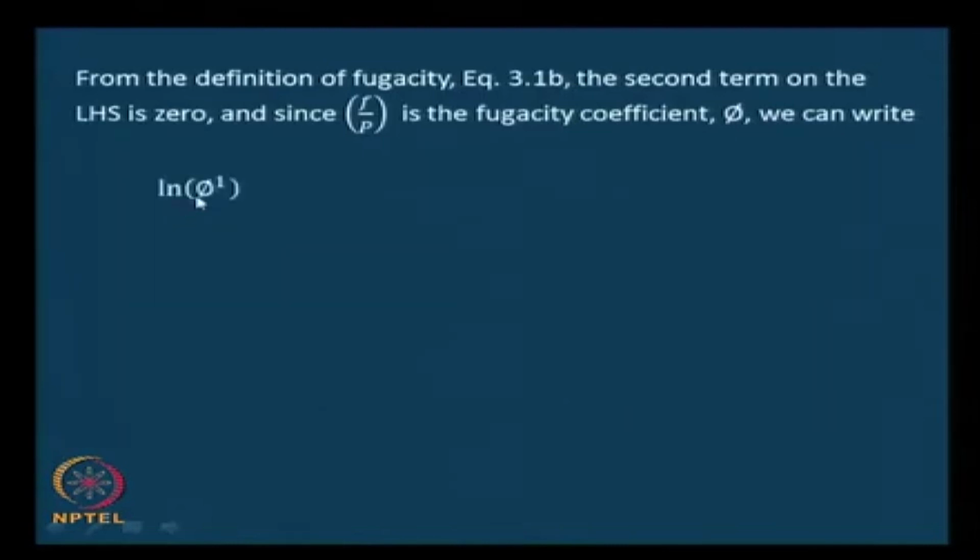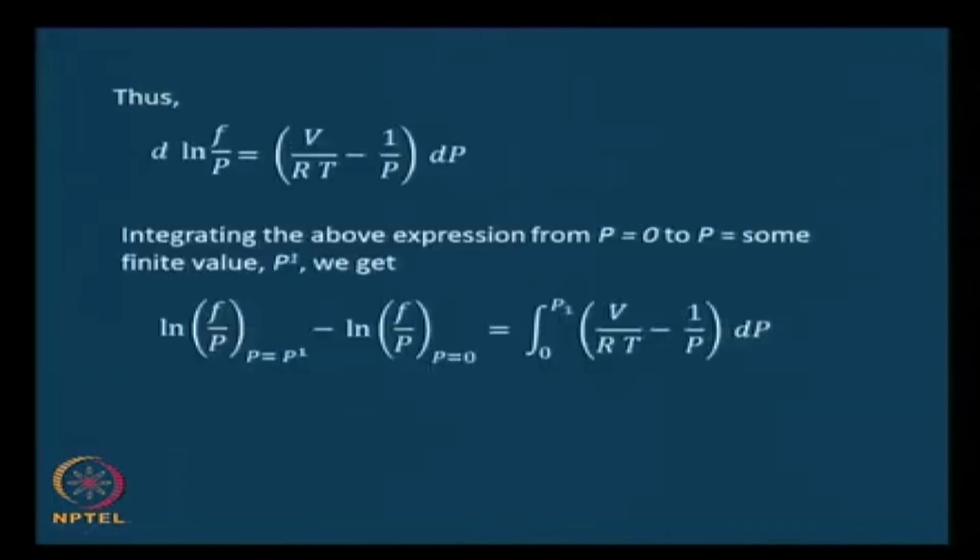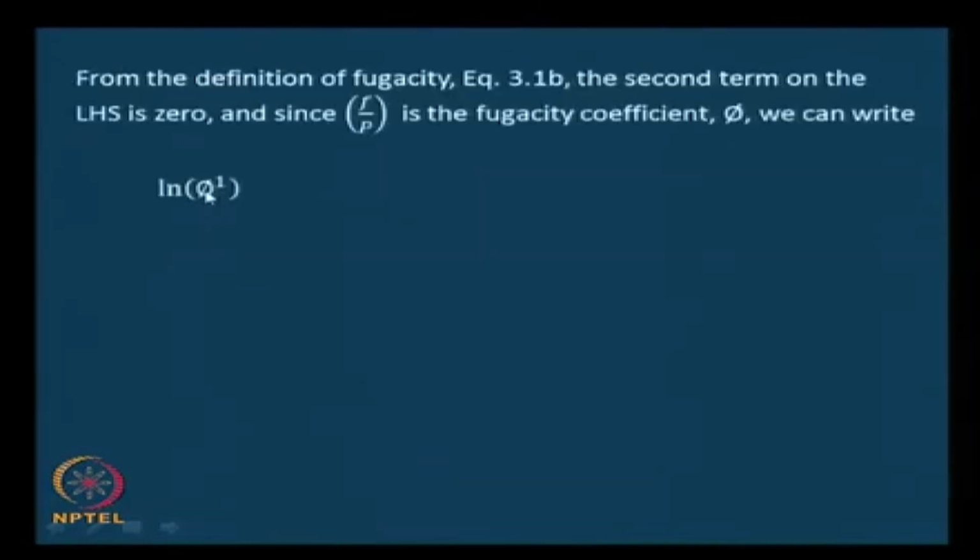Here we have evaluated f by p, which is phi at p equals p1, and therefore, we will call it ln of phi 1, and ln of phi 1 equals the right hand side, which is integral of 0 to p1 of V by RT minus 1 by p dp.